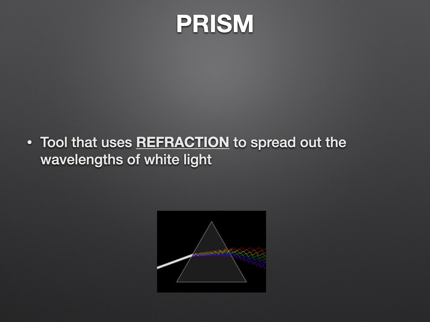If you remember, refraction is the bending of waves. So as the light enters one part of the prism, which is like a triangular prism, it will bend in the material the prism is made out of to separate that white light into the different colors, because all colors bend at different angles, and they bend at different angles because they have different wavelengths.